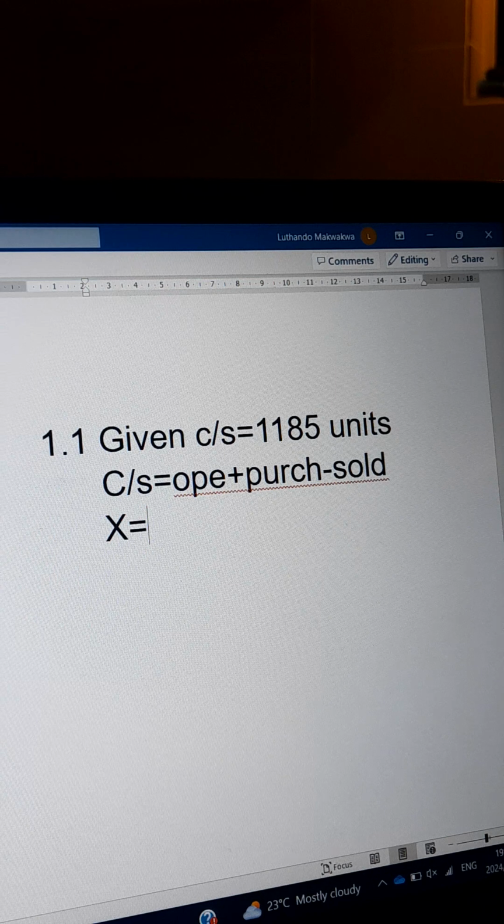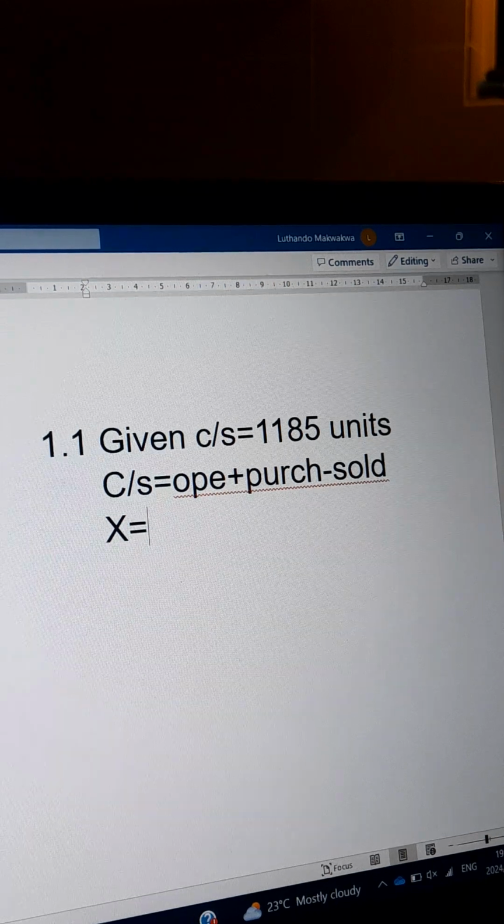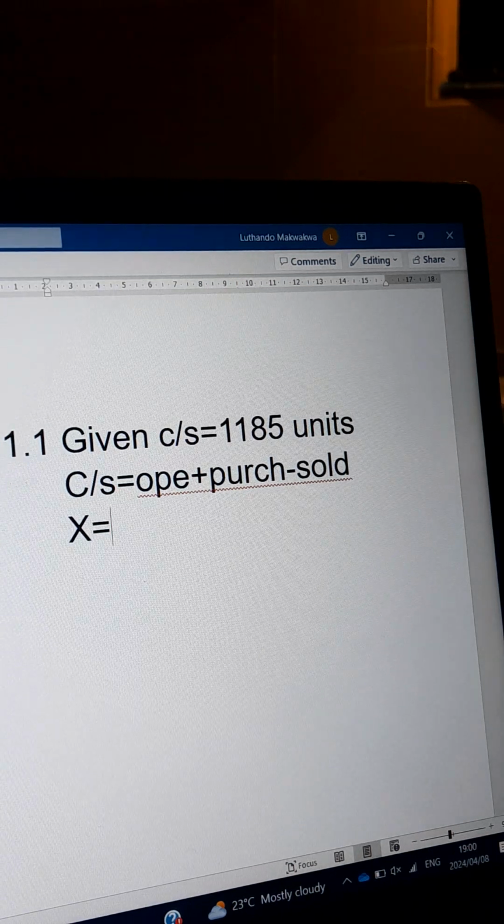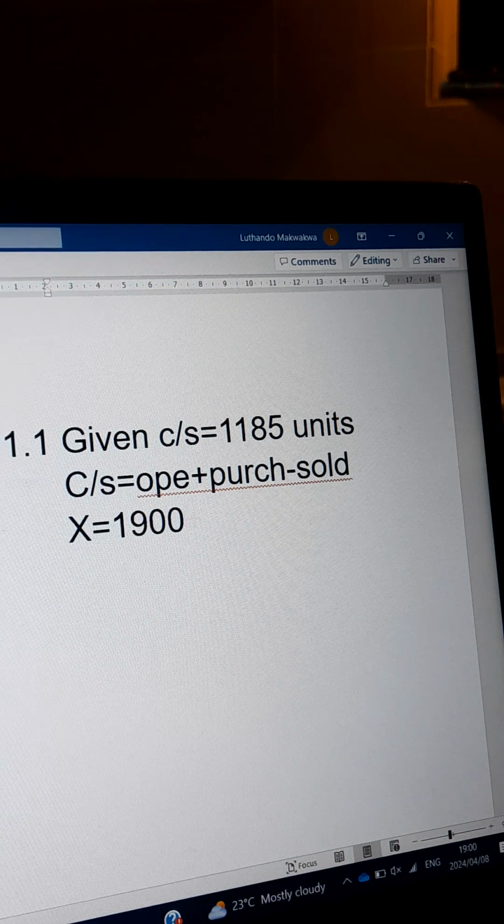Our opening will be 1,900 units, plus 7,100, less 7,750.